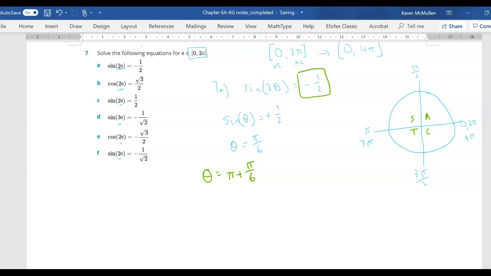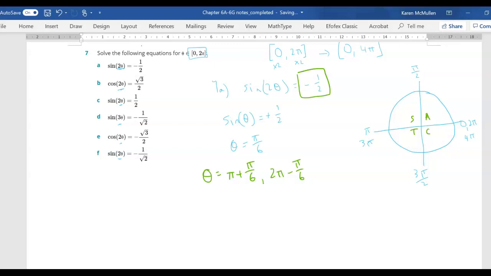Okay, so that's the first time from 0 to 4 pi that sine is negative. The next time it's negative is in this fourth quadrant, so it's going to be 2 pi minus pi on 6. Then we go around again, because of the 2 theta.